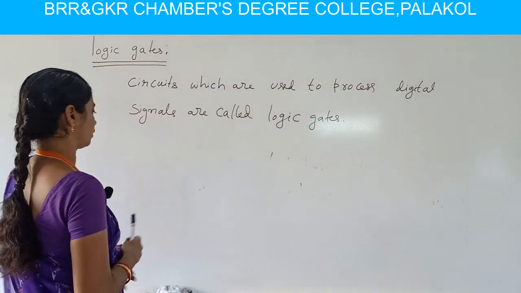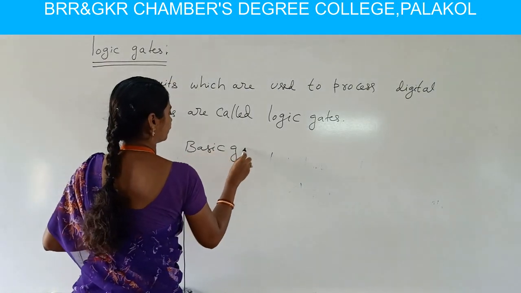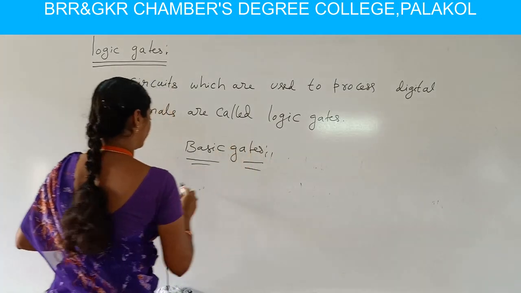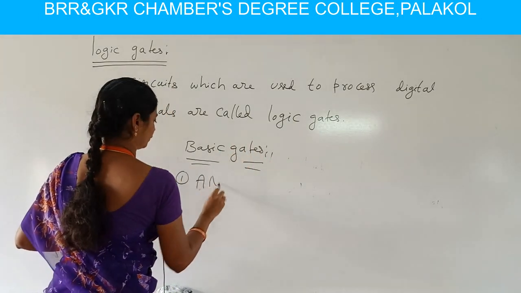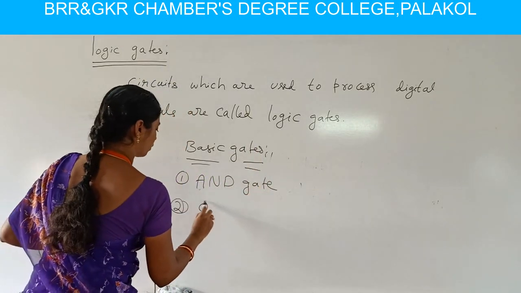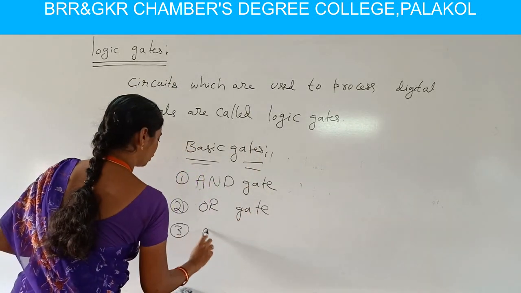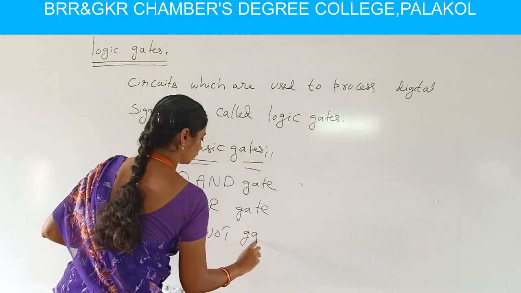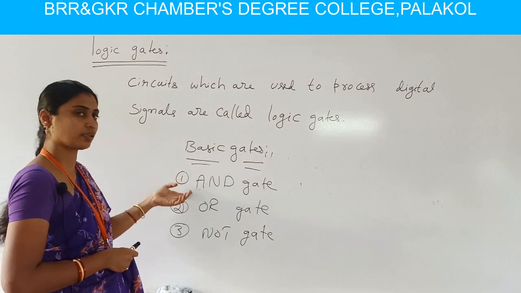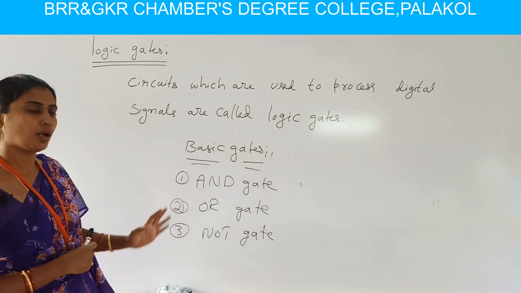We have so many gates, but the basic gates are: one is the AND gate, second one is the OR gate, third one is the NOT gate. These are the basic gates.